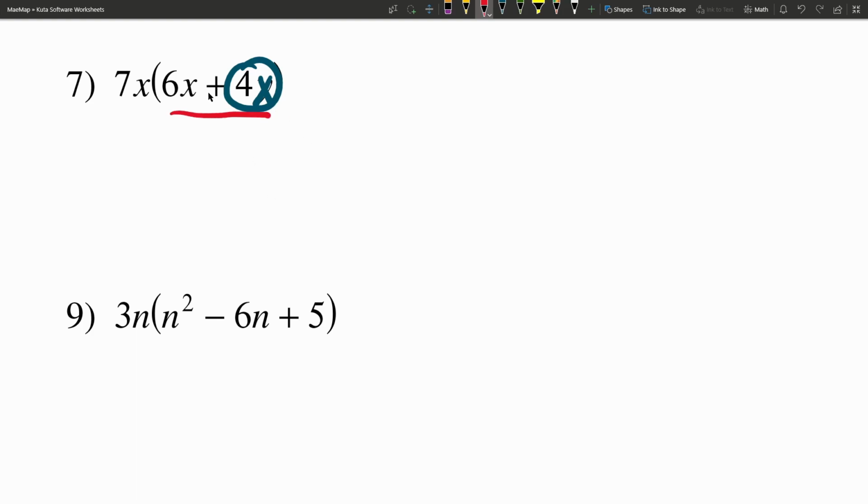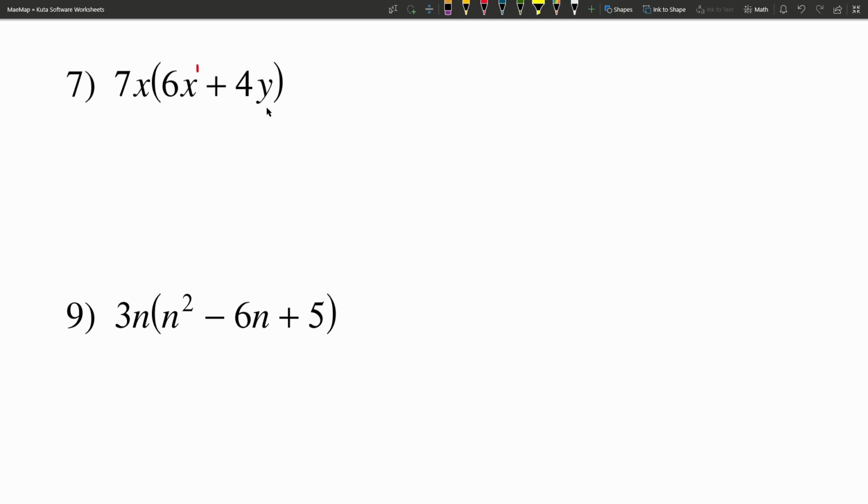And what I mean by that is they both have the same exact variable to the same exact degree. Both are x to the first. A 6x plus a 4x, 6 of some variable plus 4 of that same exact variable is going to be 10 of that variable. So it would just be 10x. And then we can multiply by that 7x.